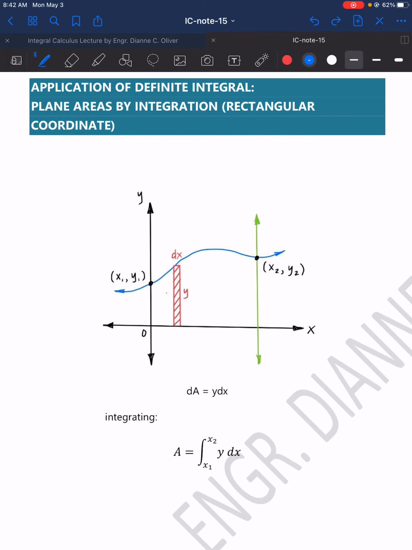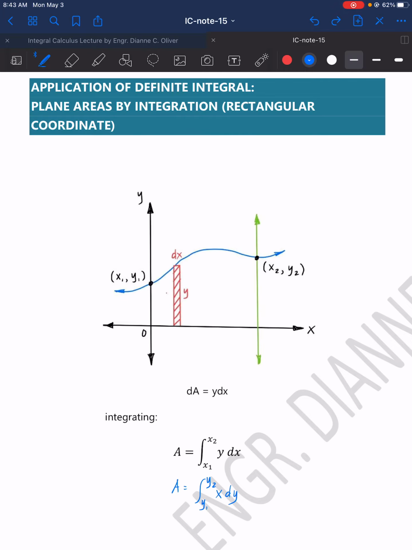If we have the width as dy, if we are using area equal to the integral of x dy, therefore our limits are y1 to y2. We can use this if the width of the area strip is dy.